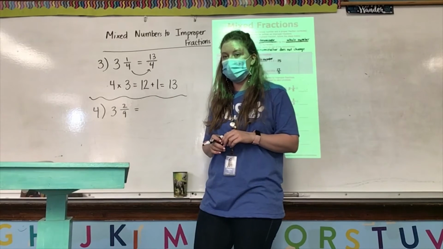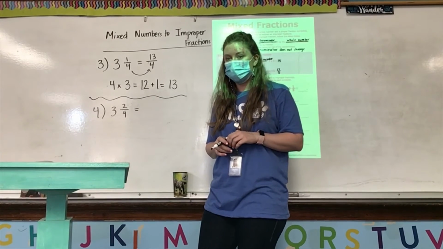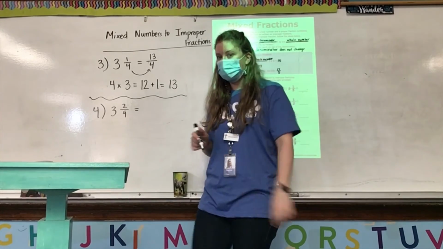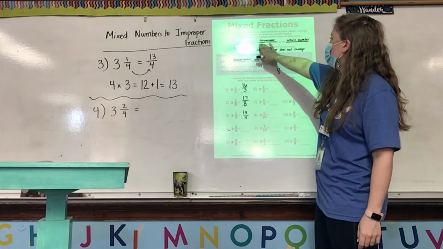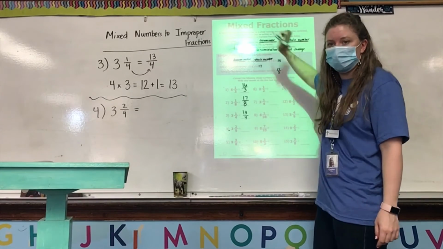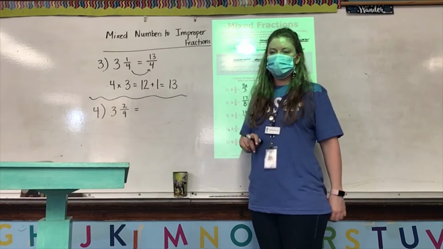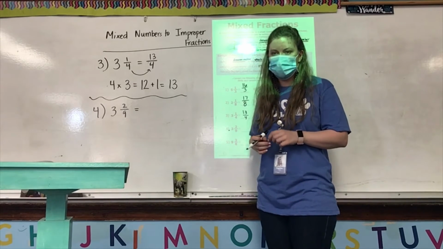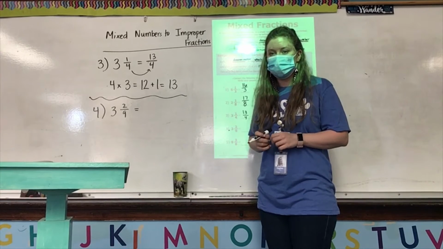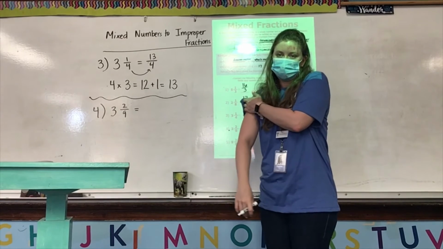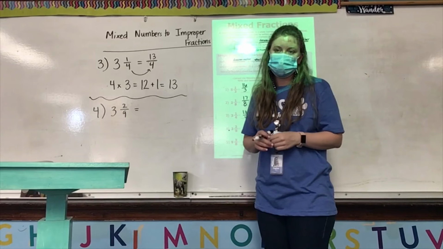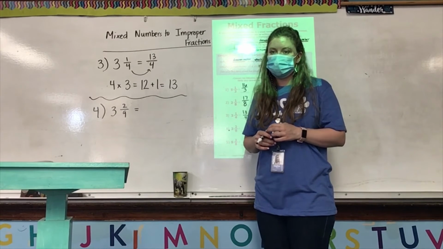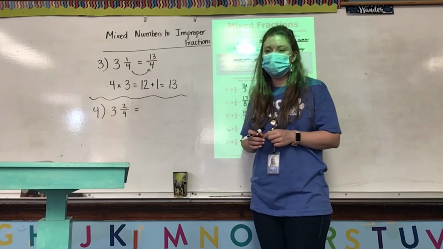We're using the same order every time. You were supposed to change this so it no longer said multiply the whole number part. I asked you if you changed it and you said yes. So what do we do first? I'm going to move on to somebody else.